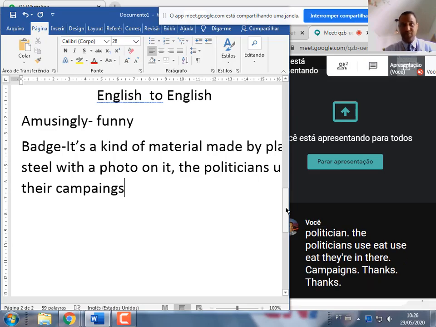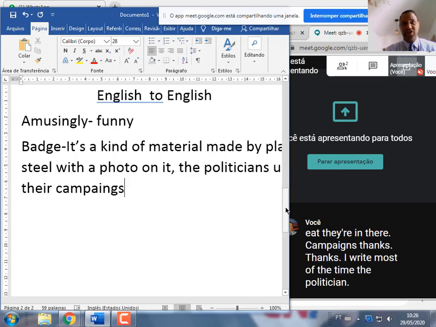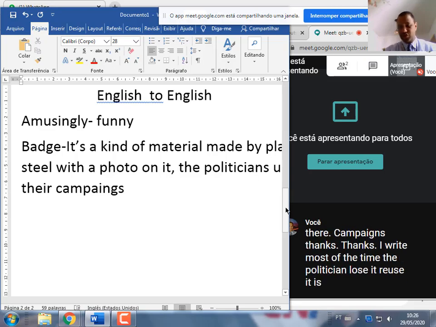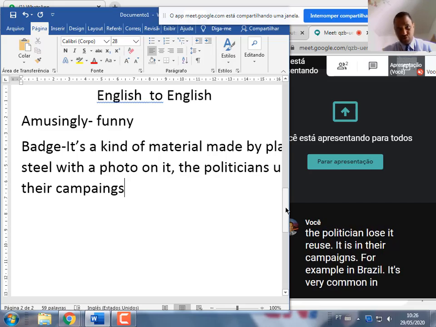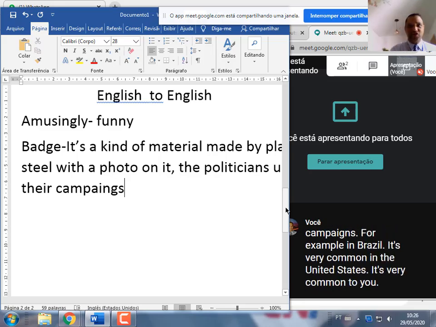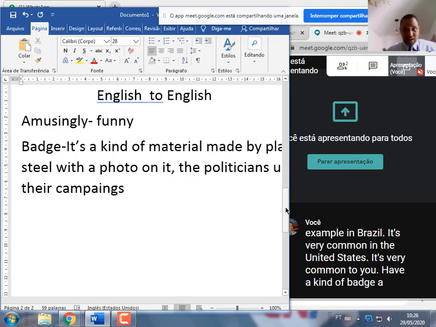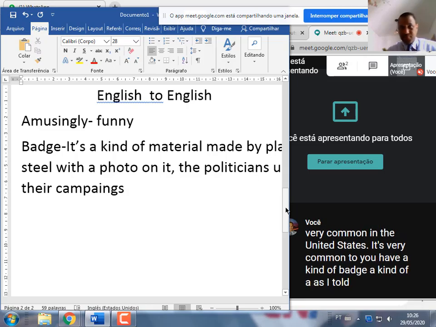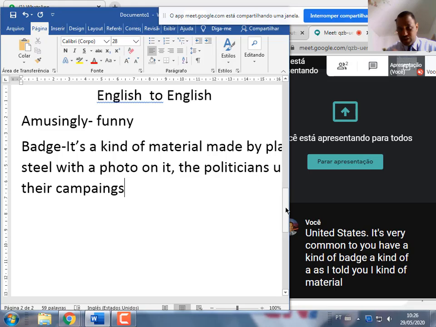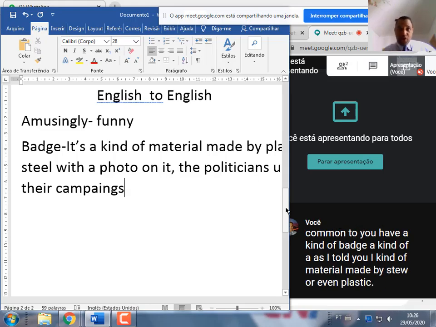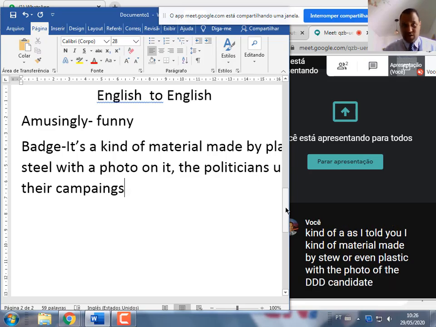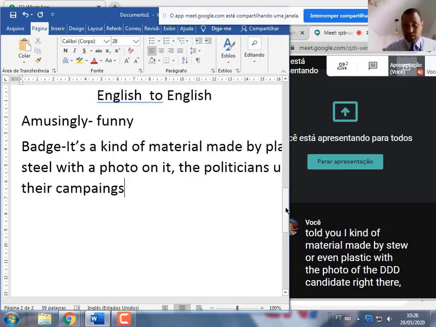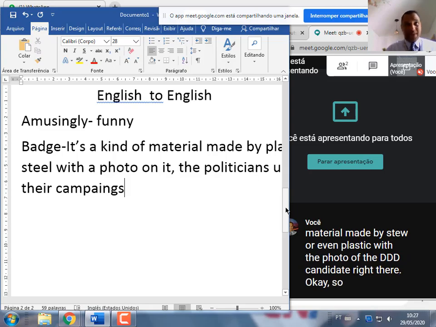Most of the time, the politicians use this in their campaigns. For example, in Brazil, it's very common. In the United States, it's very common too. You have a kind of badge, as I told you, a kind of material made of steel or even plastic with the photo of the candidate right there. Okay, so this is badge.